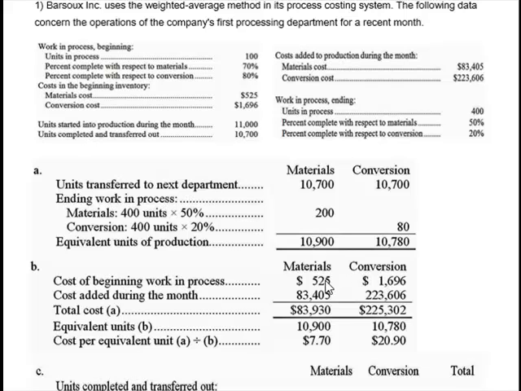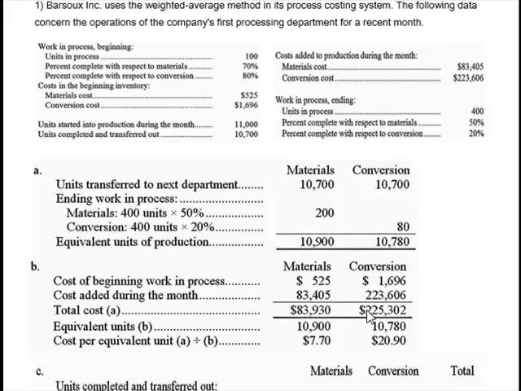So we're going to put those beginning work in process costs in the appropriate columns. Then we're going to look at the new costs that were added during the period. So these are the new manufacturing costs. And looking up here, we see that these are the costs that were added to production during the month, our new costs. So we'll grab the amounts for materials and conversion, put them in the appropriate columns, and then we're going to add these numbers to get to the total costs.